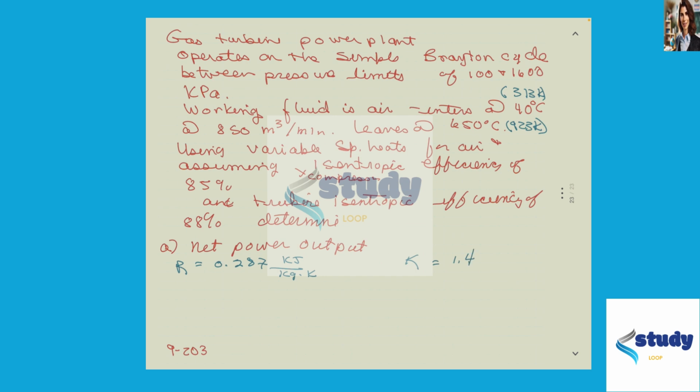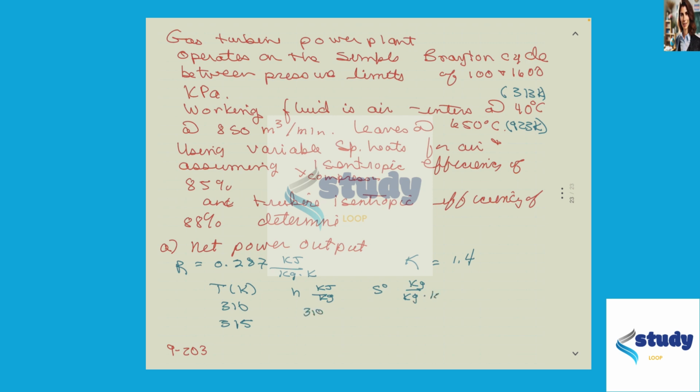So we need to interpolate between 2 points. So T in Kelvin, we've got 310 and 315. And our H in kilojoules per kilogram, and our S is in kilojoules per kilogram Kelvin.